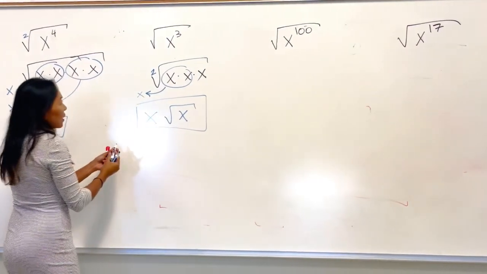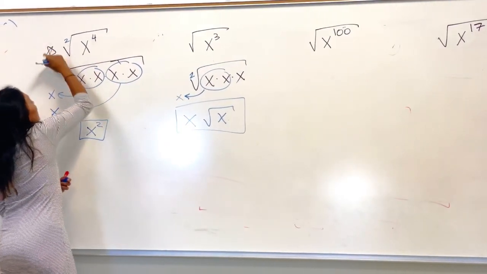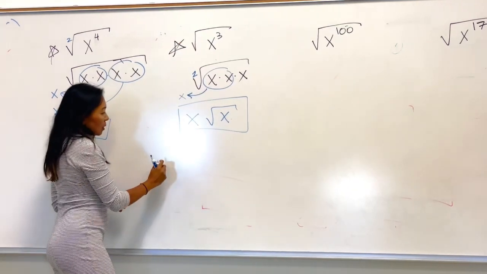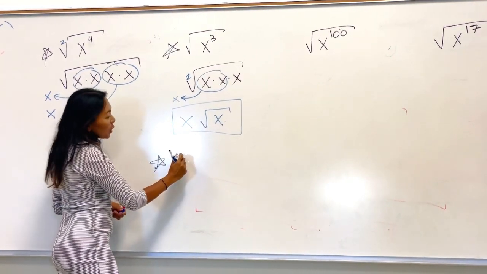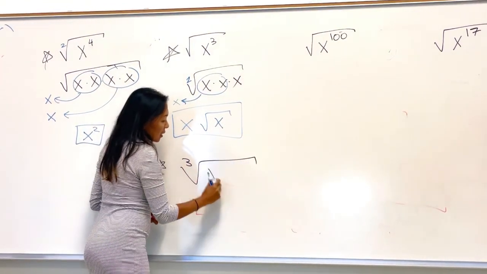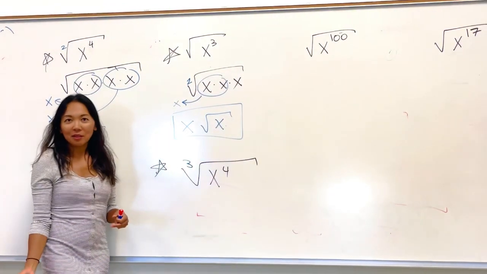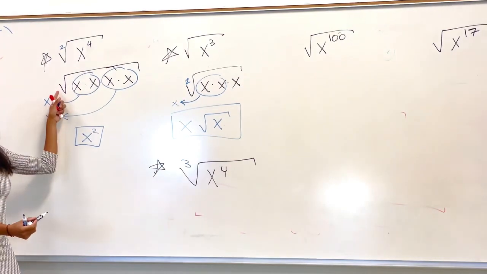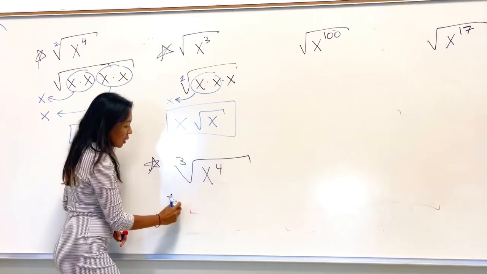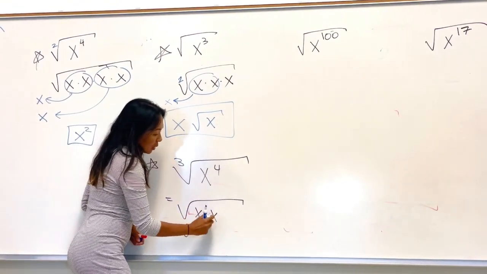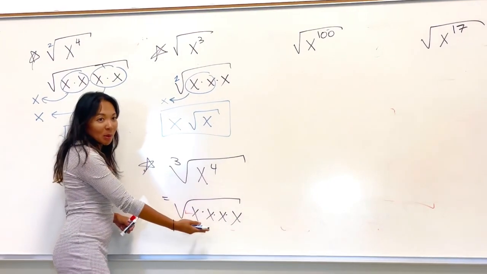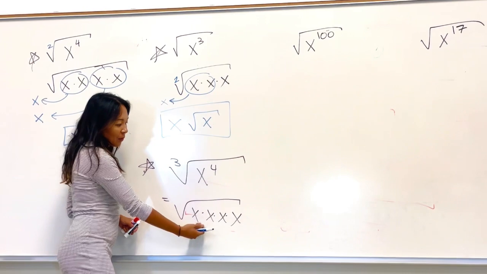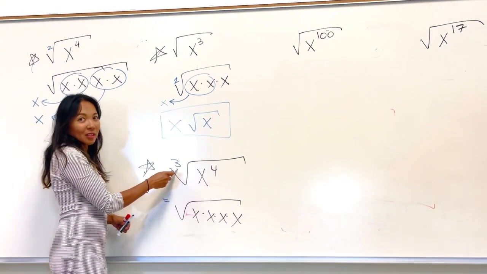Let me throw in another problem. So if I had the third root of x to the fourth, right? Same problem as this, but it's the third root. Again, you have 1, 2, 3, 4, 4 of them. How many of them are supposed to be pulled out? 3, right?